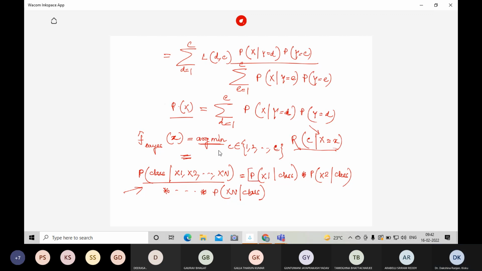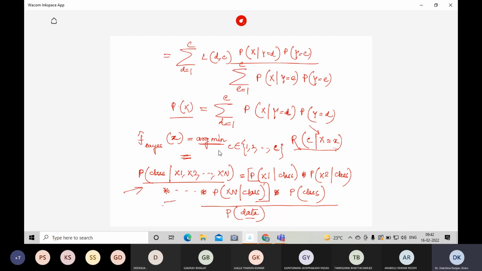These likelihoods will be multiplied with the marginal probability or prior probability, which is estimated on the class, and this will be divided by the evidence, which we estimate from the population we are studying.